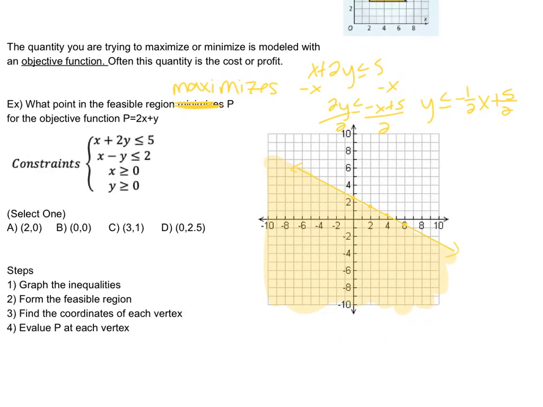So now the next problem we need to graph is x minus y is less than or equal to 2. So first thing we're going to do is subtract x from both sides. So you'll have negative y is less than or equal to negative x plus 2. Divide everything by negative 1. Flip your sign. So that would be y is greater than or equal to x minus 2.